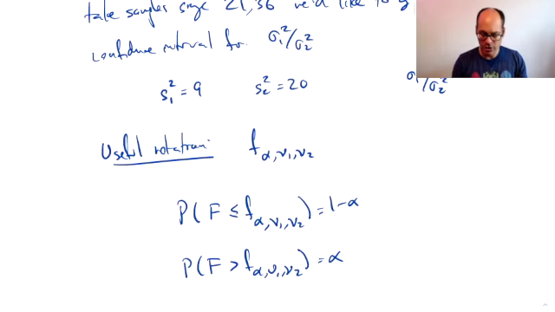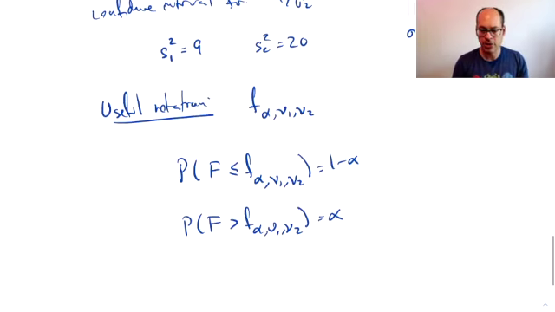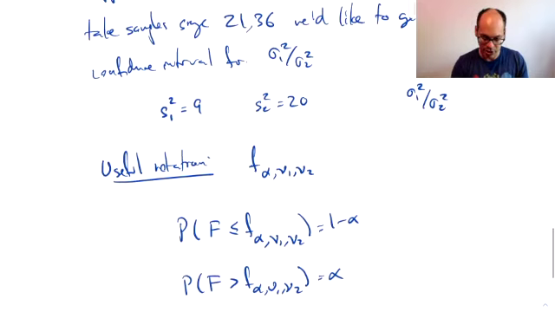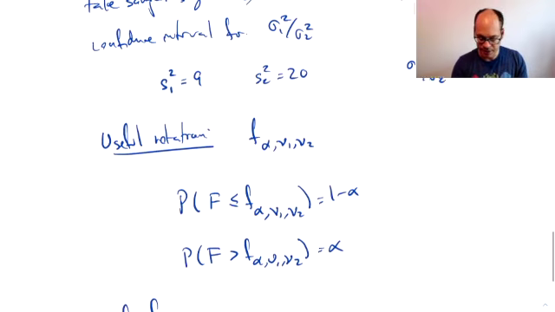Okay, so for our problem, it's going to be useful to keep in mind a couple of numbers. I'll set f for the time being to be f of 0.05, so the 95% value for the F distribution with 20 and 35 degrees of freedom, 20 and 35 being 21 minus 1 and 36 minus 1.